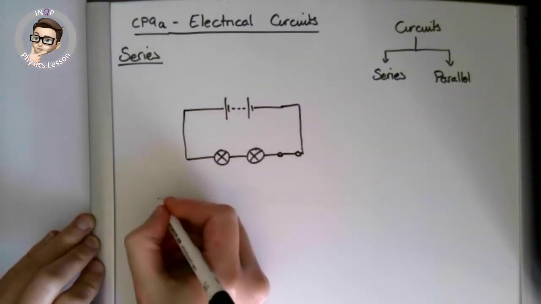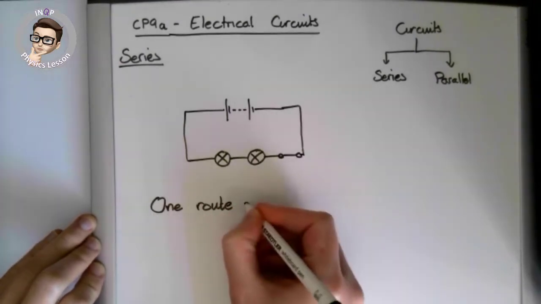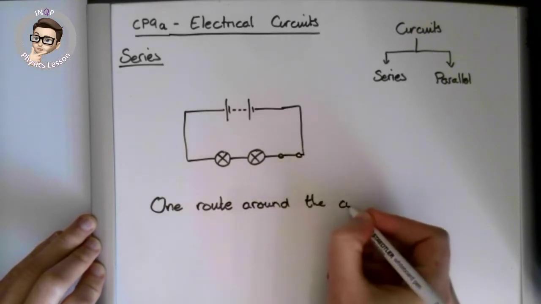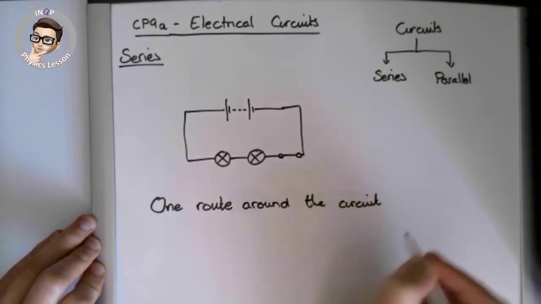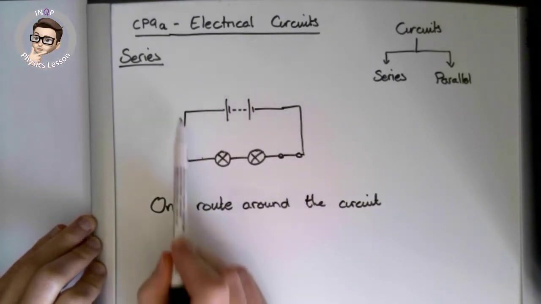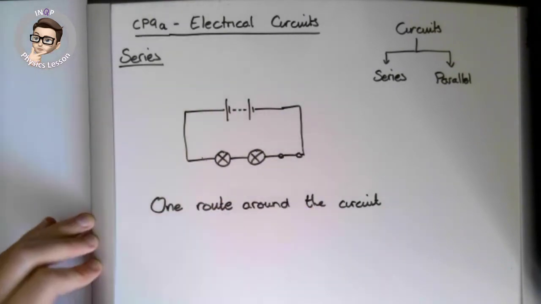So there is only one route around the circuit. The electrons can only flow one way around that circuit. They will start here and end here, and they can only go through this route. So they will have to go through the switch, the bulb, then back to the battery.